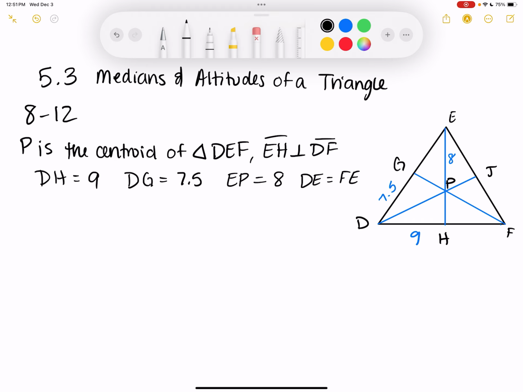So 8, they want us to find FH. So that's this piece down here. Oh, I forgot to mark this. This is also marked this way.